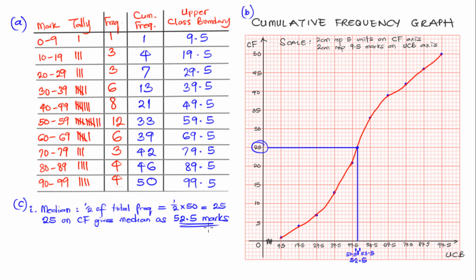So finally, we are also asked from the question to find the percentage of students. Now notice, this is not marks. We are to find the percentage of students that scored at least 66 marks. Now, we are told at least 66 marks.